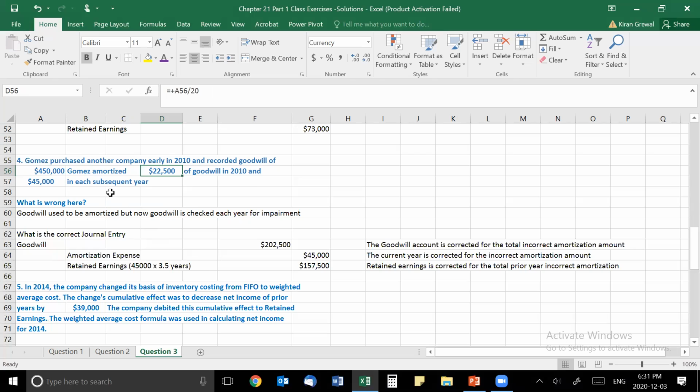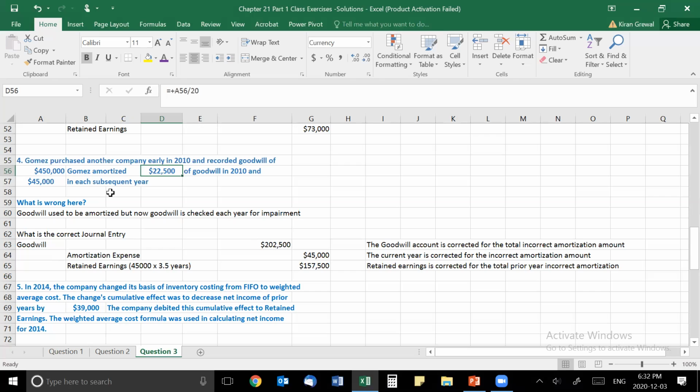So if you remember from your intermediate accounting 1, do you amortize goodwill or do you not? So the answer there is you do not amortize goodwill each year. Goodwill is assessed for impairment, but you do not do an amortization for it each year. So this company amortized goodwill when they should not have been.